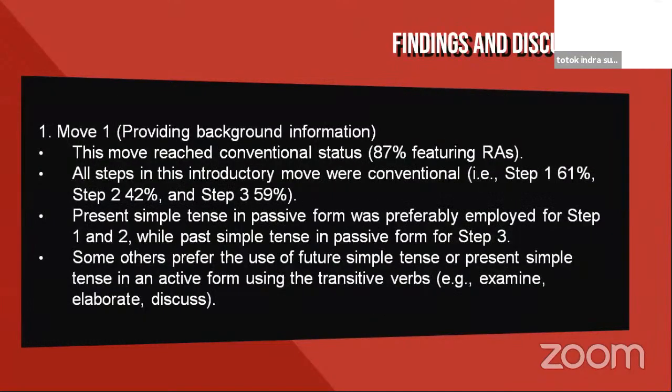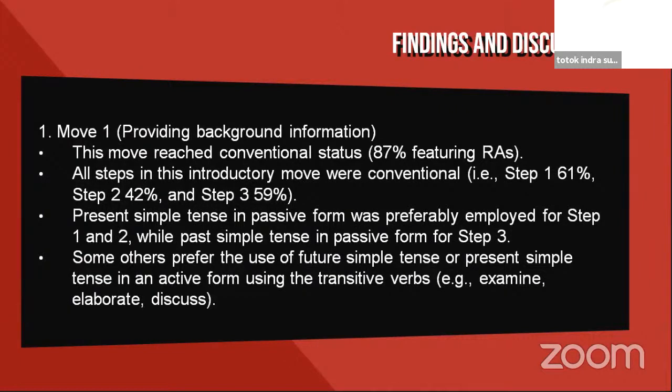Now let's go to move 1, providing background information. How do the students realize, how do the students manifest the providing of background information? The fact is that this move reaches conventional status at around 87% of the research articles.